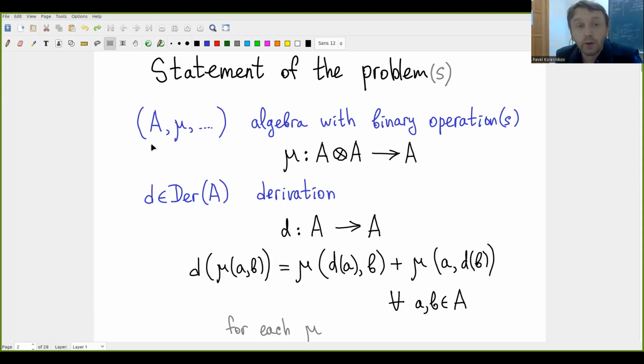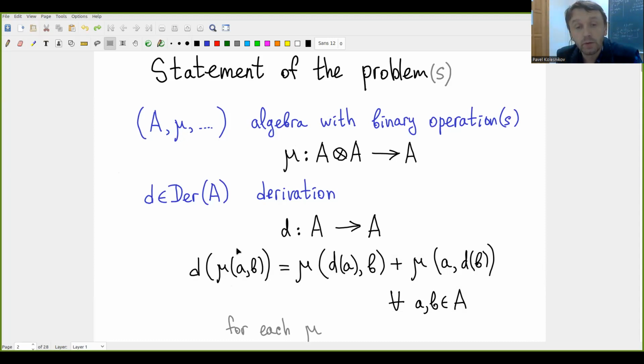Suppose we have a binary algebra that is a linear space equipped with one or more binary operations. No associativity or commutativity is assumed. And suppose D is a derivation of this algebra that is a linear map which satisfies the Leibniz rule.